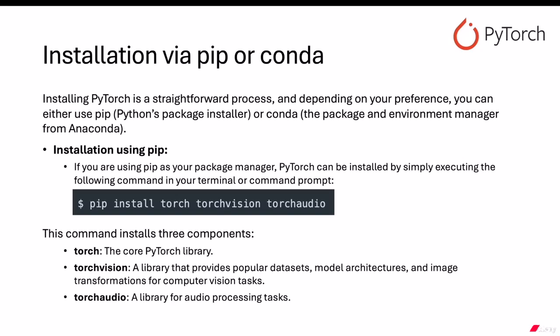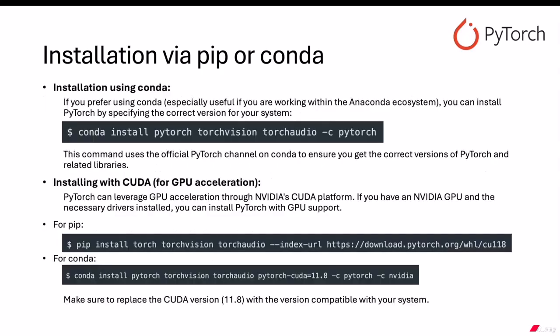This command installs three components: torch, the core PyTorch library; torchvision, a library that provides popular datasets, model architectures, and image transformations for computer vision tasks; and then torchaudio, a library for audio processing tasks. Installing using conda.